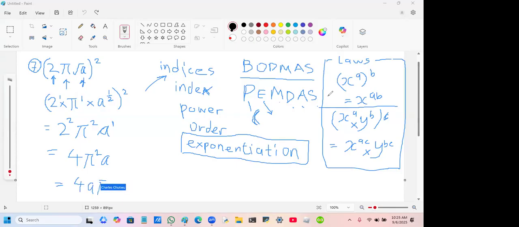But the answers given are 2 pi a, 2 pi a squared, 2 pi squared a, 4 pi squared a squared. That's all.